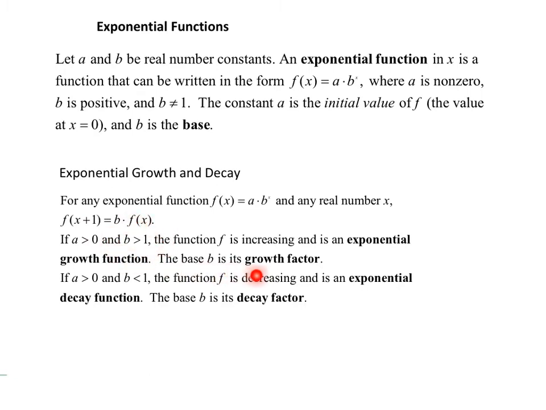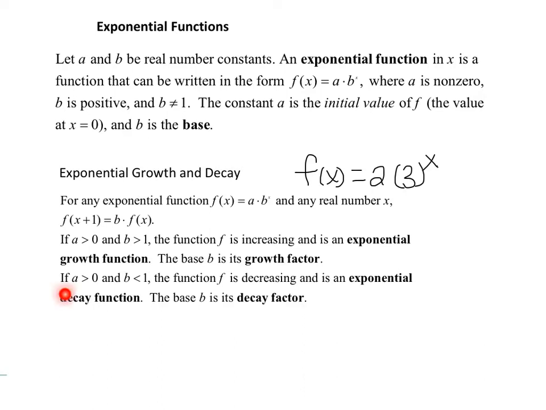The base b is its growth factor. So if we look at this, 2 times 3 to the x, the initial value is 2, and the growth factor is 3. Okay? Because both 2 is greater than 0 and 3 is greater than 1.